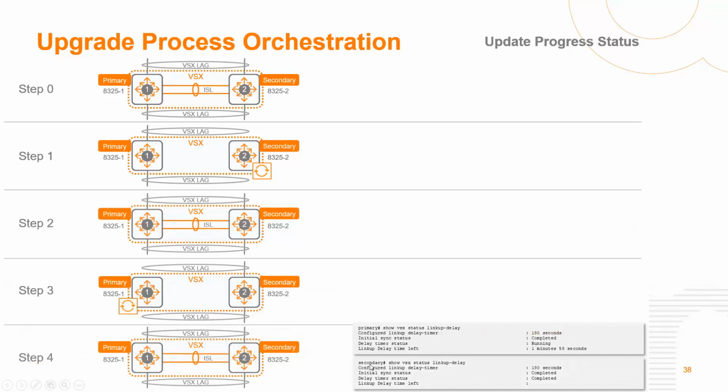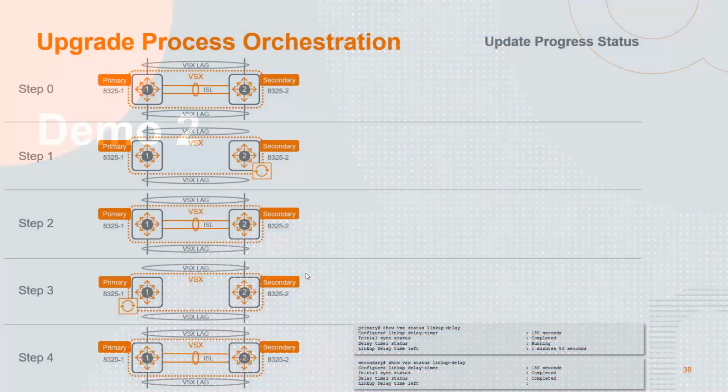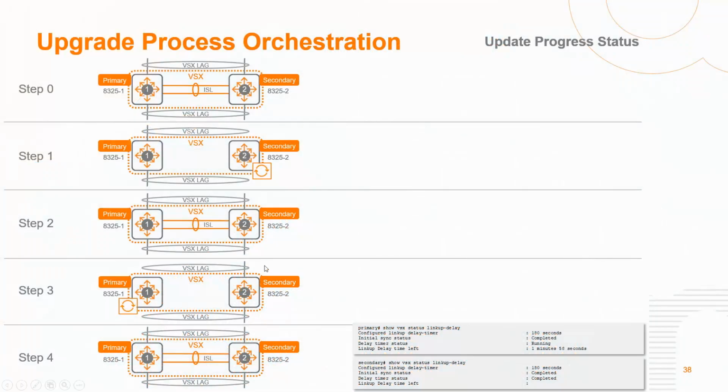And then we end up with step 4, where the primary is getting back on the cluster, and you can monitor the link-up delay, for instance, to check if everything is forwarding for the VS6 LAG port. So that's about it for that demonstration, and then we'll go to a second demo for aborting the process.